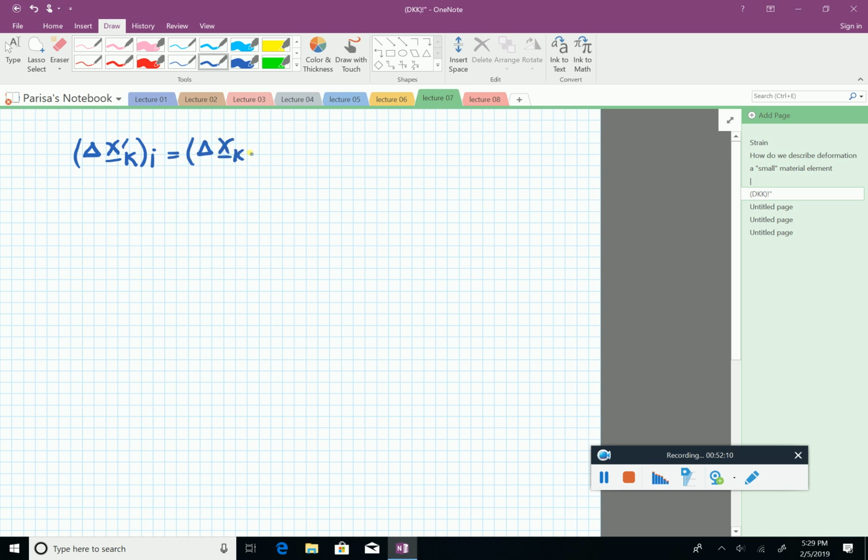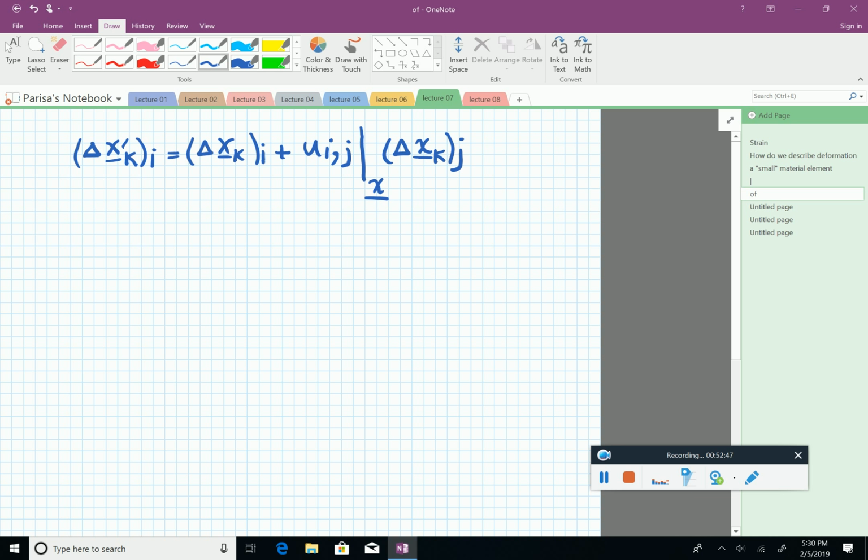would be equal to the same side but in the undeformed reference configuration, and then I'm not dividing it into E and omega, just the gradient of displacement evaluated at the point X times delta x_kj.